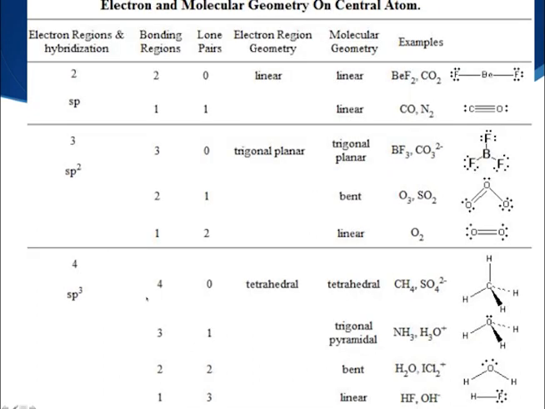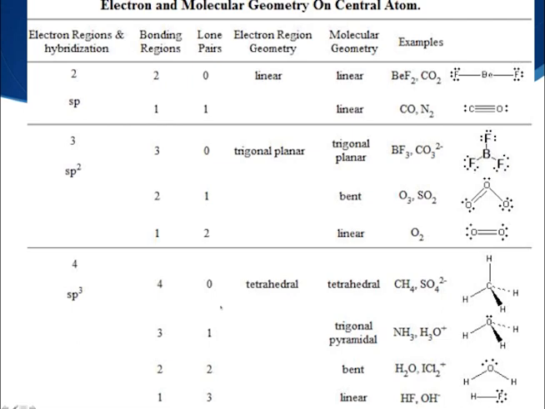So I know this is a lot of information to absorb at once, but if you start to get the pattern, start to get the idea of what's going on, then you can figure it out just from basic information. You can figure it out from someone saying, okay, so our electron groups, we have 2, but there's 2 bonding pairs, so we know it's linear. Or our electron groups, we have 4, and there's 2 lone pairs, so we know it's bent.